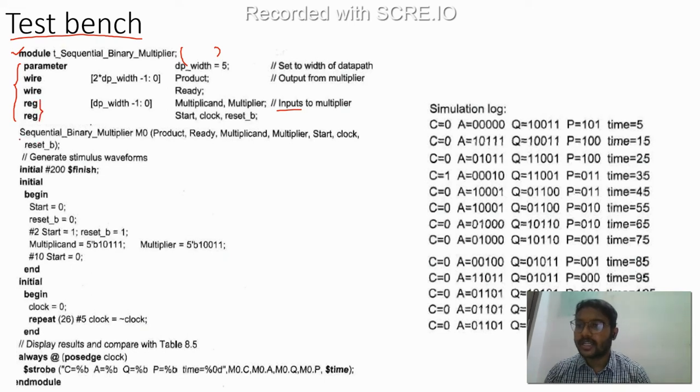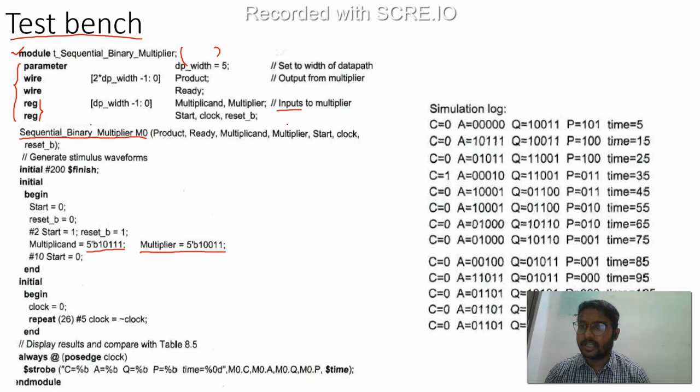You will instantiate the Verilog module which we have written, and for testing purposes you just send all the values. What should be your multiplicand? Your multiplicand is 10111, as we have seen in the previous example. Your multiplier is 10101.